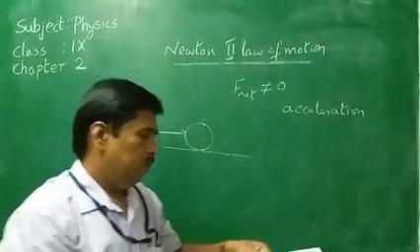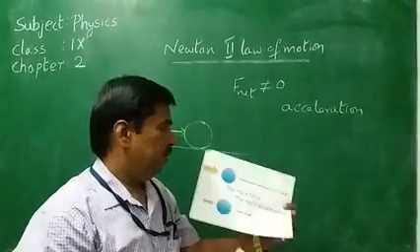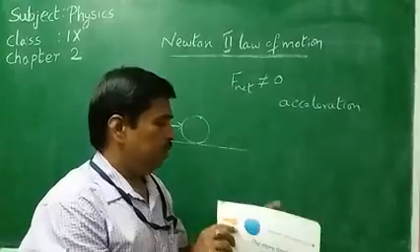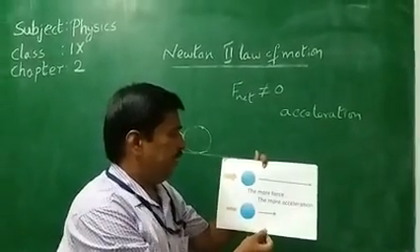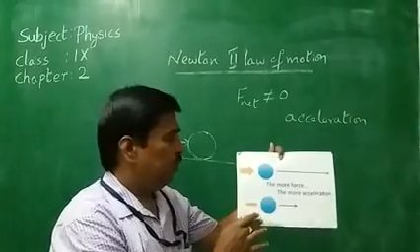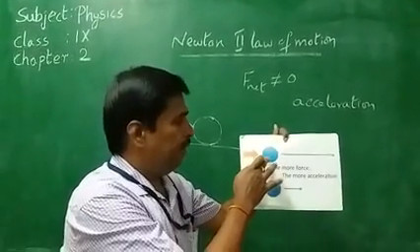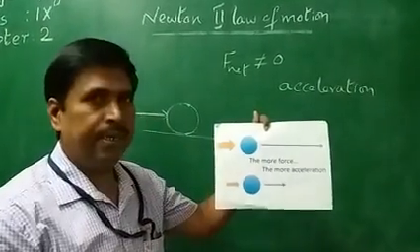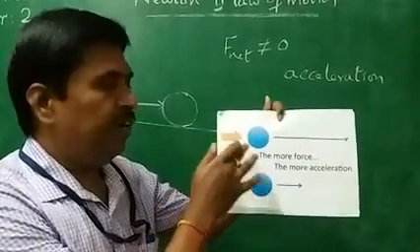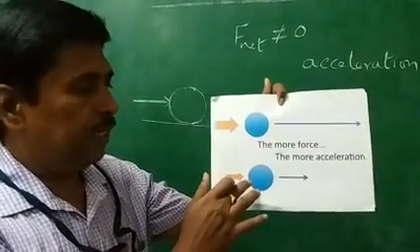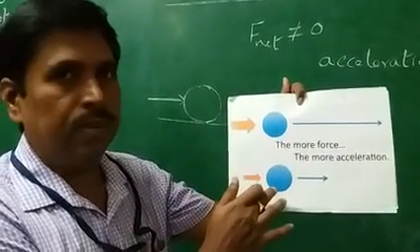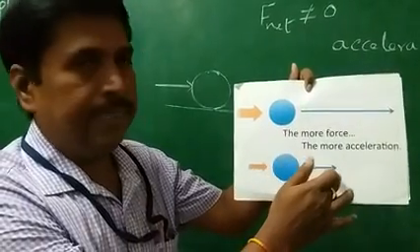Here you have different objects. You are applying a force on the same kind of object. Both marbles have the same mass, and you are applying a different force on each. The first marble is applied with a smaller force, so it will have less acceleration.